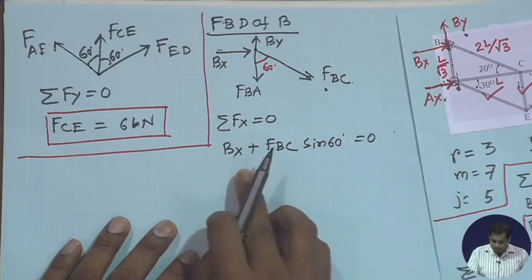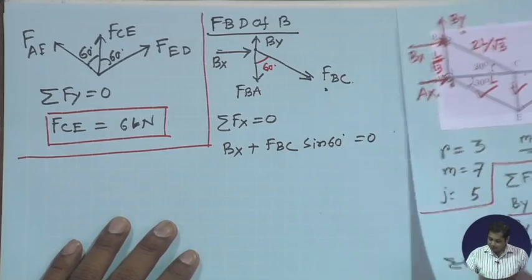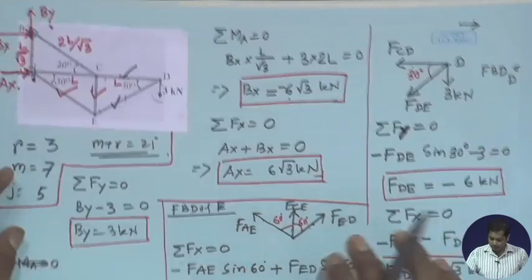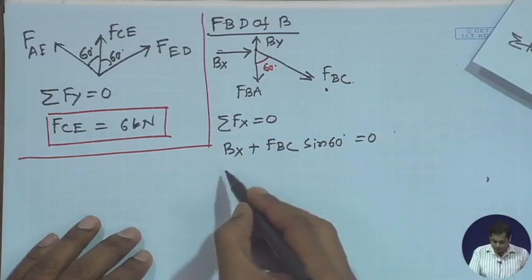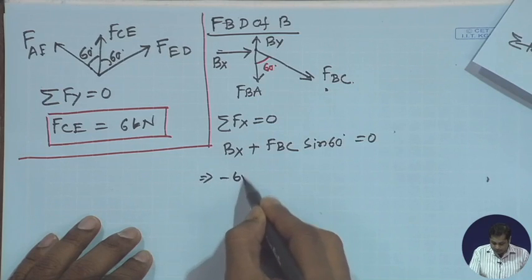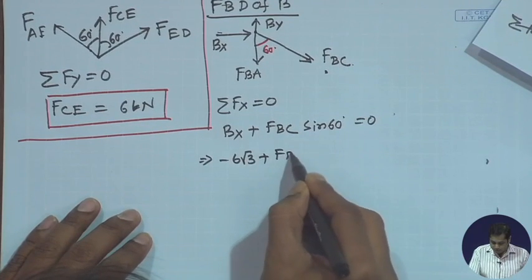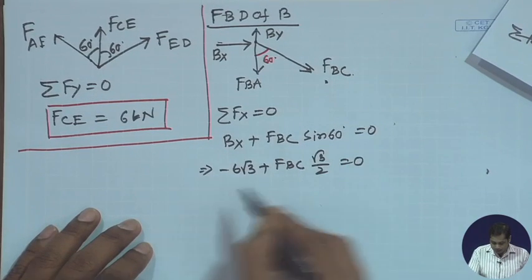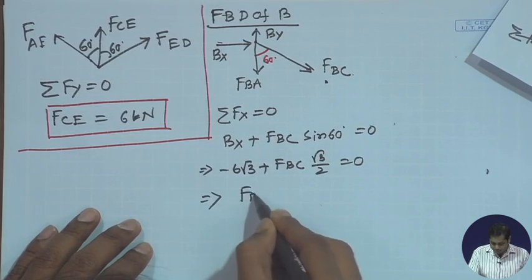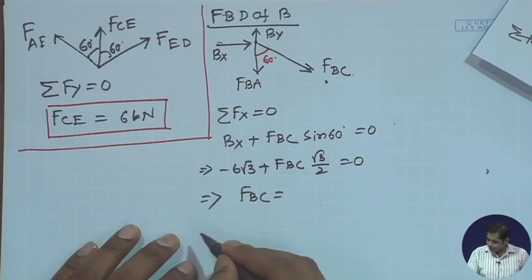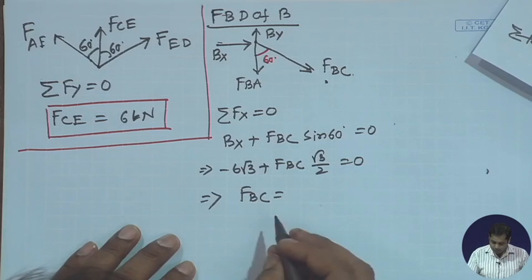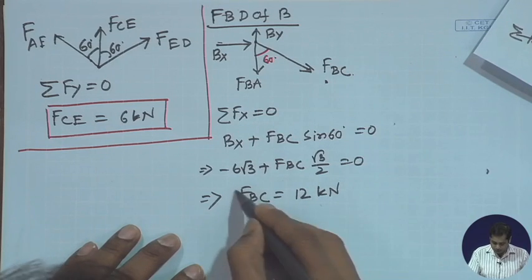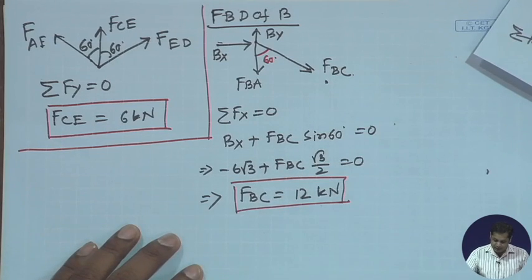Bx already we obtained, Bx is equal to minus 6 root 3, it's the support reactions, and so minus 6 root 3 plus FBC root 3 by 2, this gives me FBC is equal to 12 kilonewton. Okay, so FBC is determined.